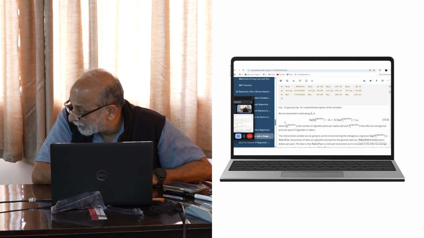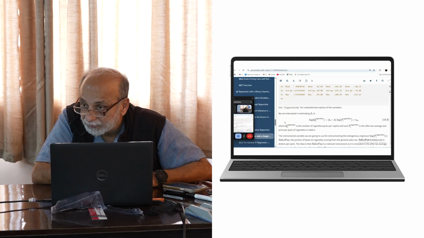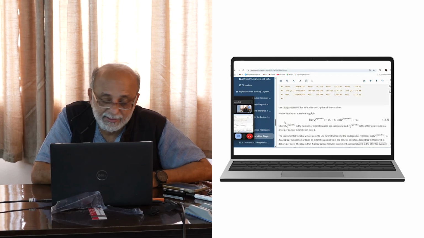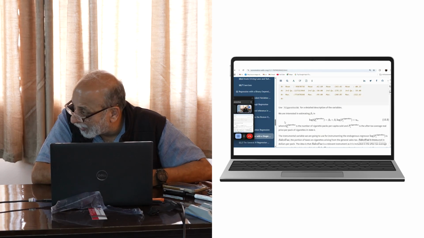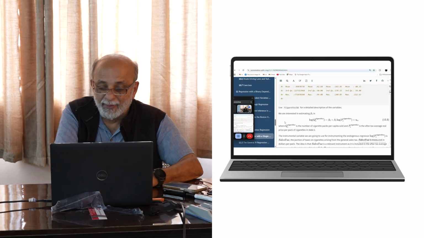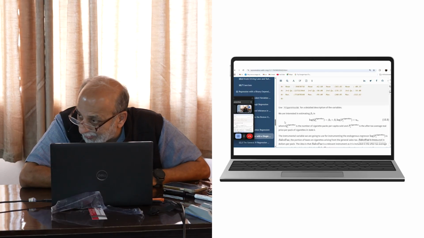So we have a cross section. The demand function is log of Qi, per capita sales of cigarettes, as the dependent variable, and the after-tax average real price per pack of cigarettes in state i.